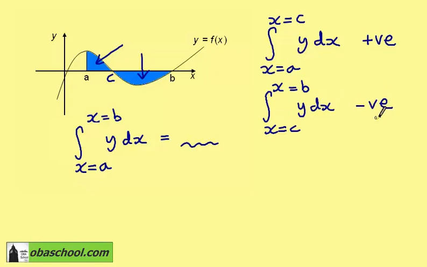The numerical value would be correct, but it's negative, which indicates that the area is below the x-axis. To find the total blue area, we would need to add the two values, ignoring the minus sign on the second integral.